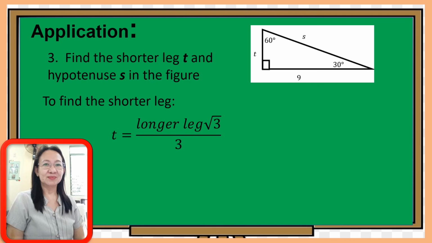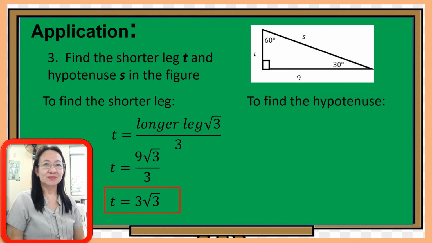Then by substitution, our longer leg is equivalent to 9. Then simplifying, 9 divided by 3 will give us 3. Then multiply by square root of 3. So t, or the shorter leg, is equal to 3 times square root of 3.